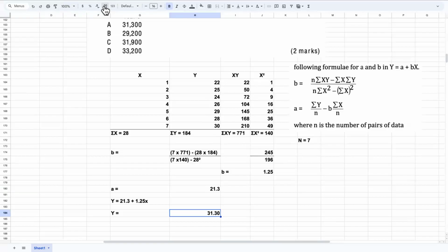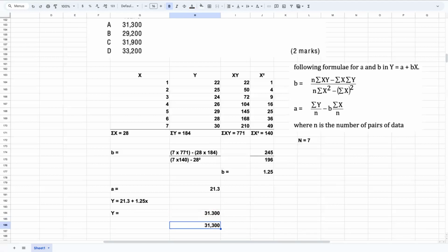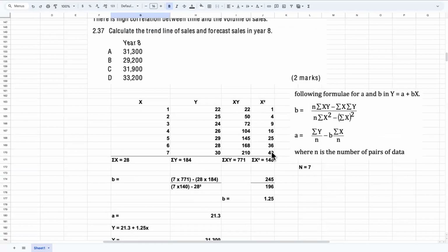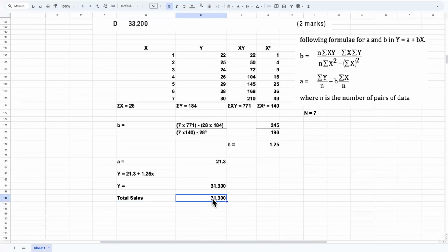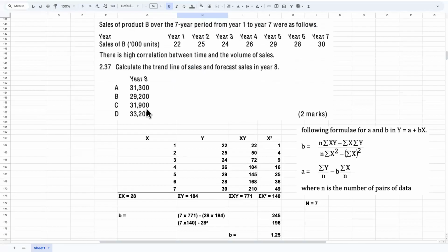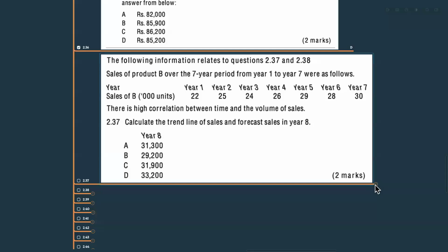So in two decimals, 31.30. So 31.3, as I told already, is a rupees 1000 value. So you have to times by 1000 to get the actual value, 31,300. So this is going to be the estimated total sales, right? So if it is 31,300, the actual answer is going to be A.